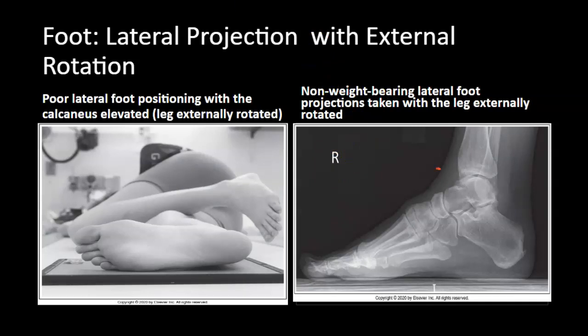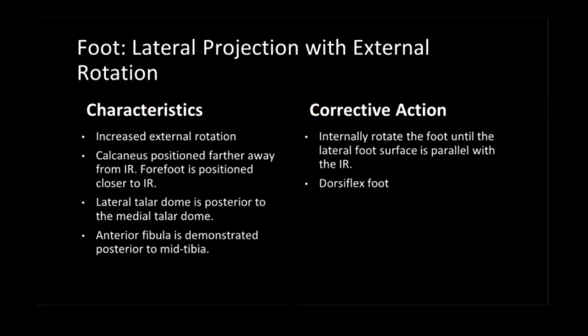So we're going to look at these relationships in the talar domes, and we're going to look at your tib fib and the position it goes in when the forefoot has more pressure on it. The fibula moves posteriorly. Here are the characteristics of that external foot rotation and the corrective action.